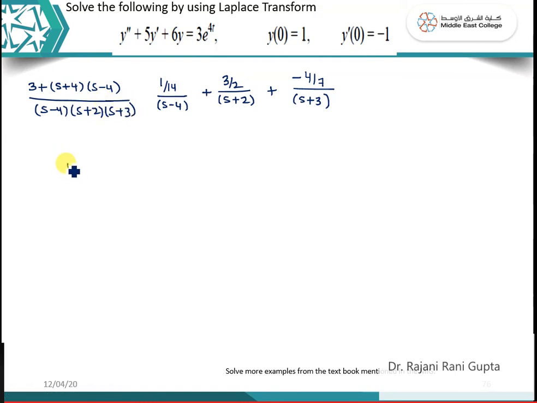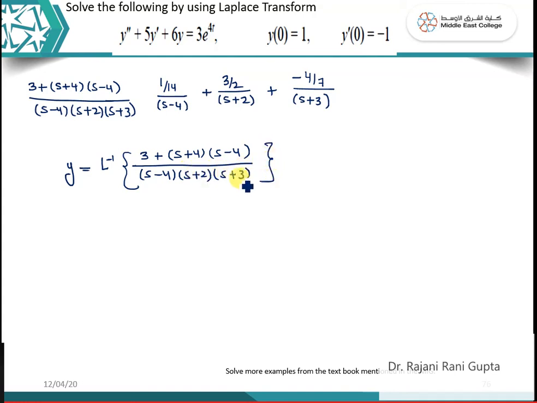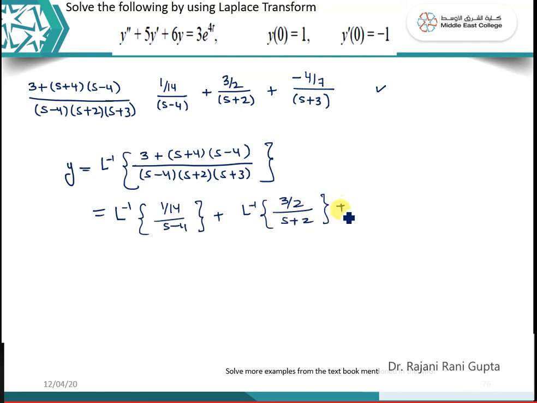So now we were looking for the value of y, which is Laplace inverse of 3 plus s plus 4 s minus 4, and the same term s plus 2 s plus 3. It is the same as finding the Laplace inverse of these three terms: 1 over 14 s minus 4, plus Laplace inverse of 3 over 2 s plus 2, plus Laplace inverse of minus 4 over 7 s plus 3.